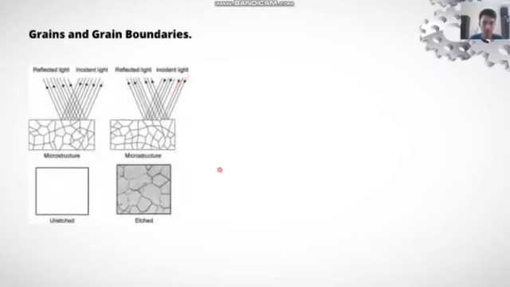Grains and grain boundaries. This reflects light, and incident light, like this. Grains and grain boundaries make up the microscopic structure, or microstructure, of metals and alloys. Grain boundaries, as well as other microstructural features, are often observed by a process of specimen preparation known as metallography.